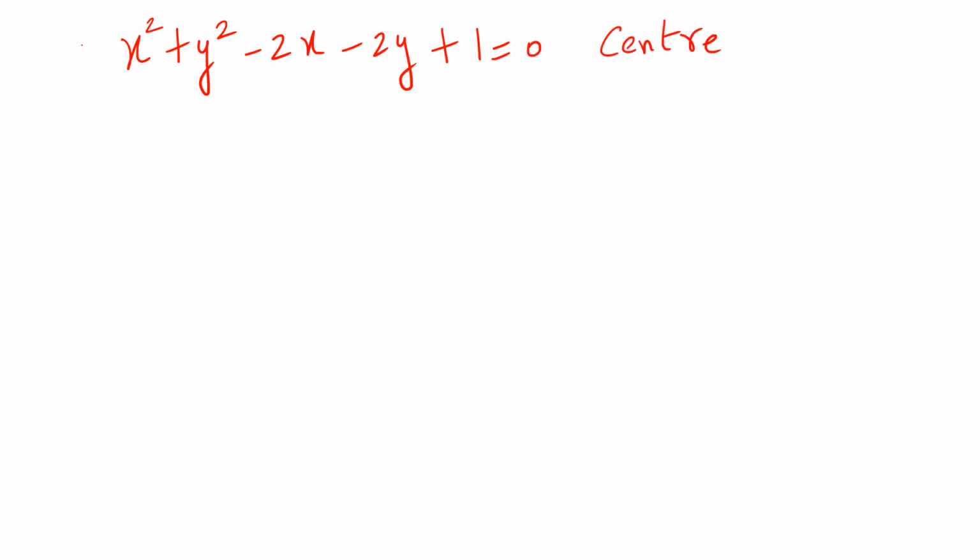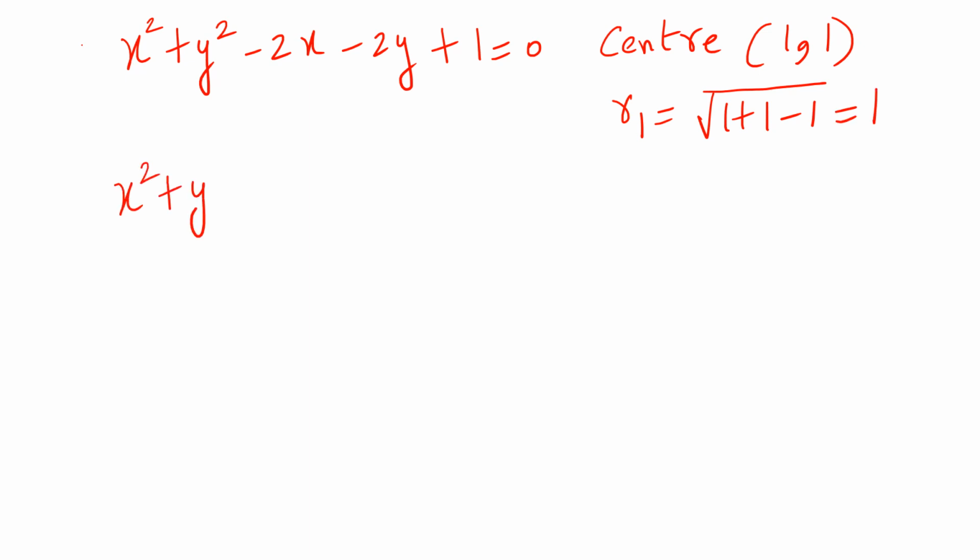Now we have been given the equation of the first circle as x² + y² - 2x - 2y + 1 = 0. So clearly the coordinates of the center of this circle are (1, 1) and its radius is square root of 1 + 1 - 1, which is nothing but 1. Now let's find the coordinates of the center as well as the radius of the second circle.